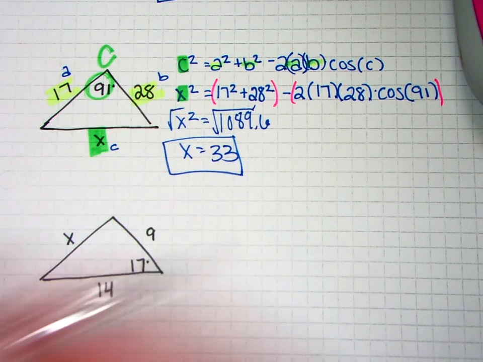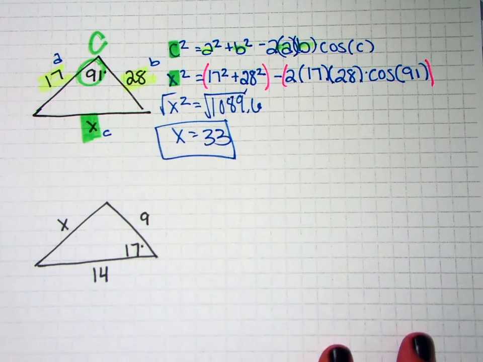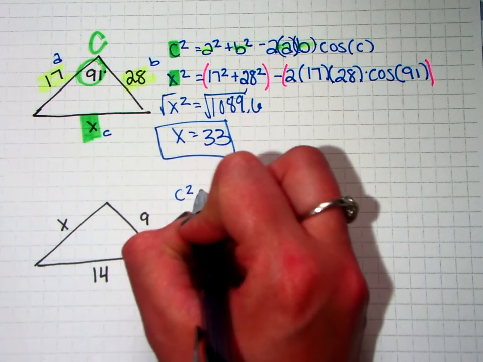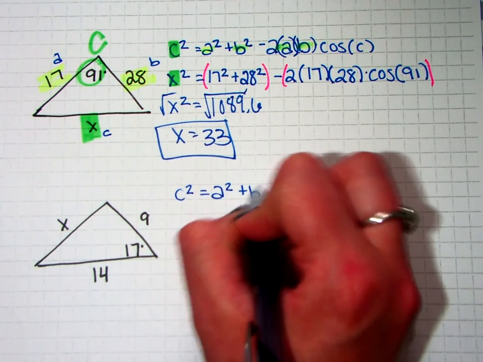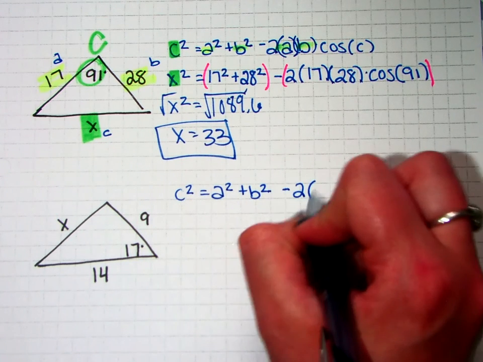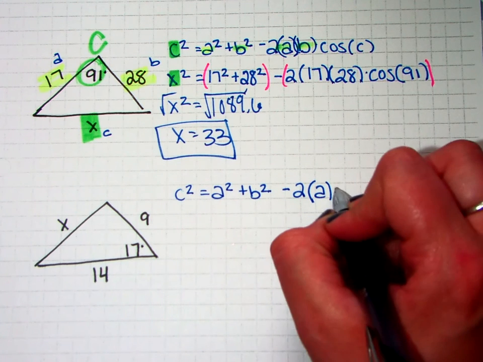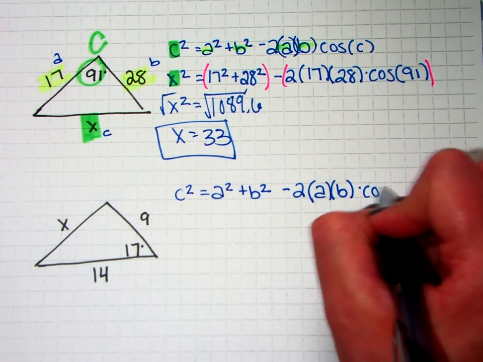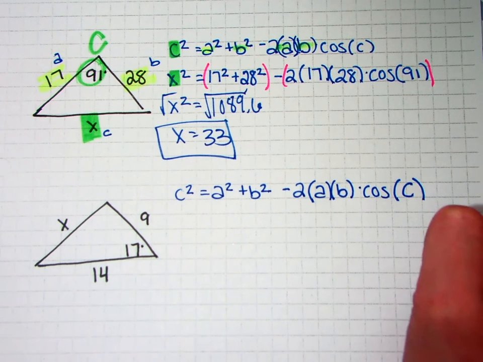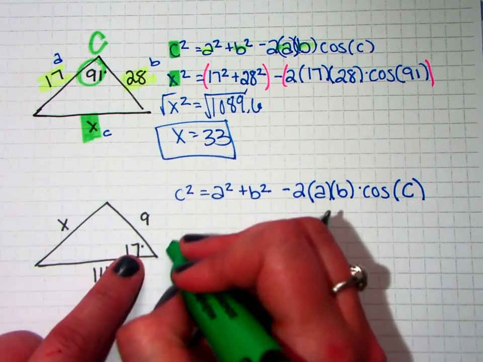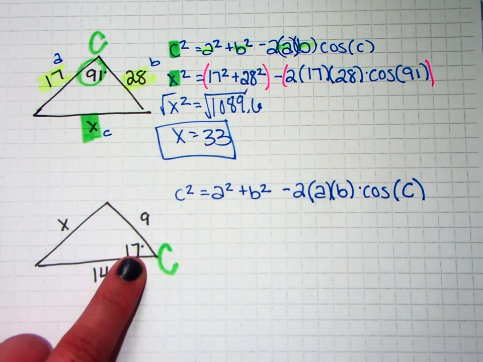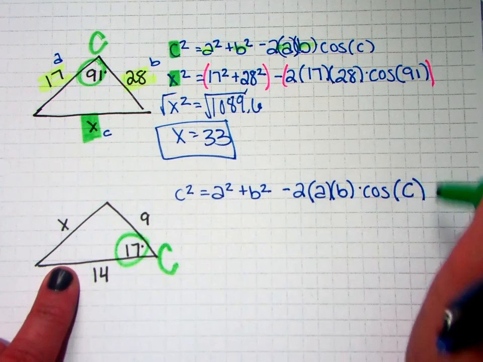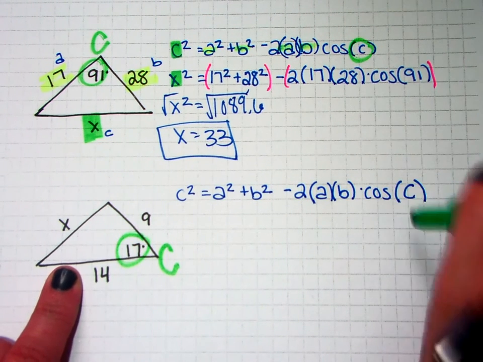Okay, let's try the very last one. So again, I'm going to just go ahead and write my formula down. C squared equals A squared plus B squared minus 2 times A times B times cosine of C. So I'm going to go ahead and label. Here's my angle. That's capital C. That helps me know I'm going to substitute into here.